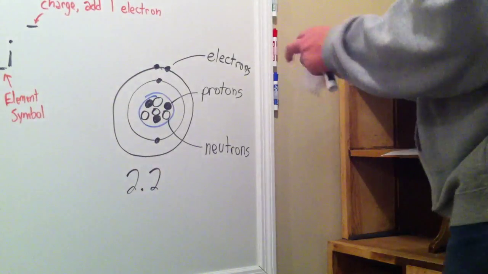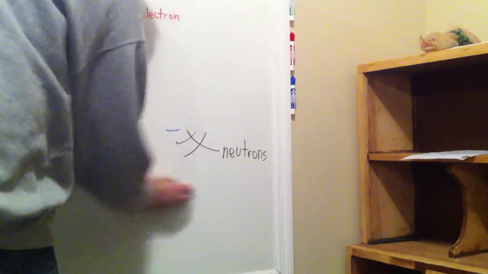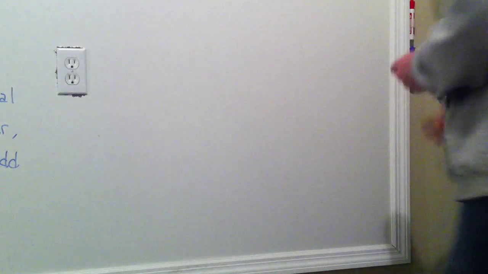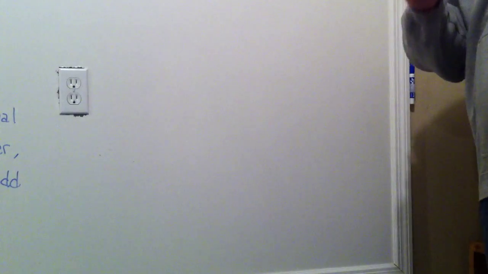But let's do another atom, one with a positive charge on it. So let me erase this, and we'll do one with a positive charge. The one I'm going to choose is argon, just because it's the one I want to choose right now.